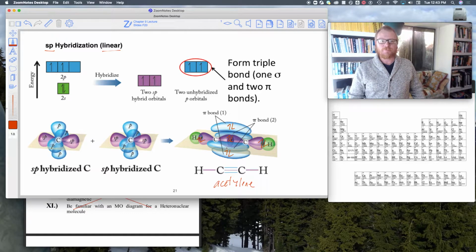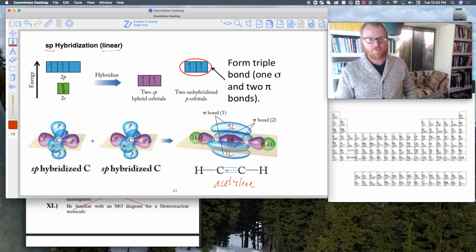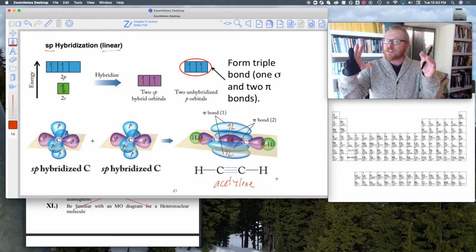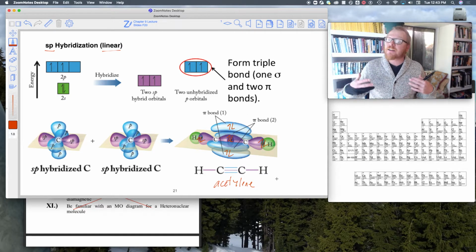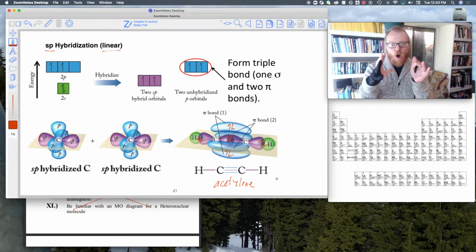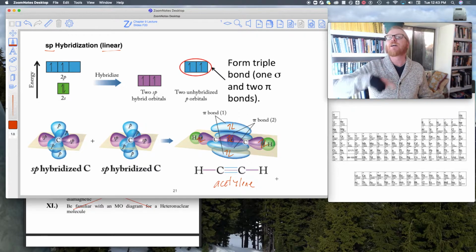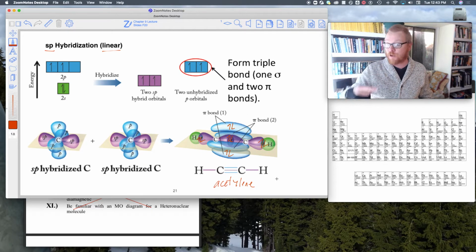So there's a ton of electron density surrounding this carbon-carbon bond, and that's why the bond is so short and strong. Remember, we talked about that in chapter 8, that triple bonds are very short and quite strong because there's all of this electron density surrounding those carbon-carbon nuclei.